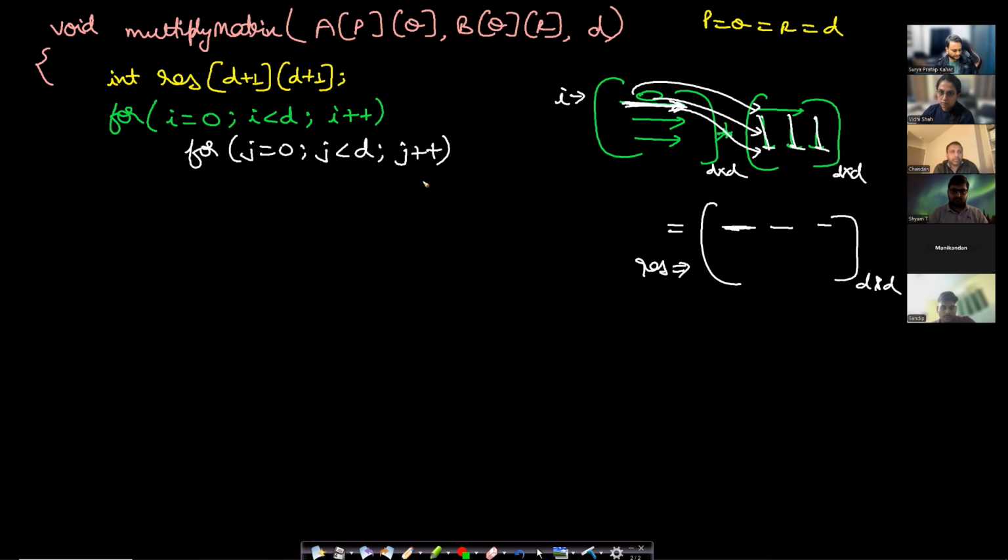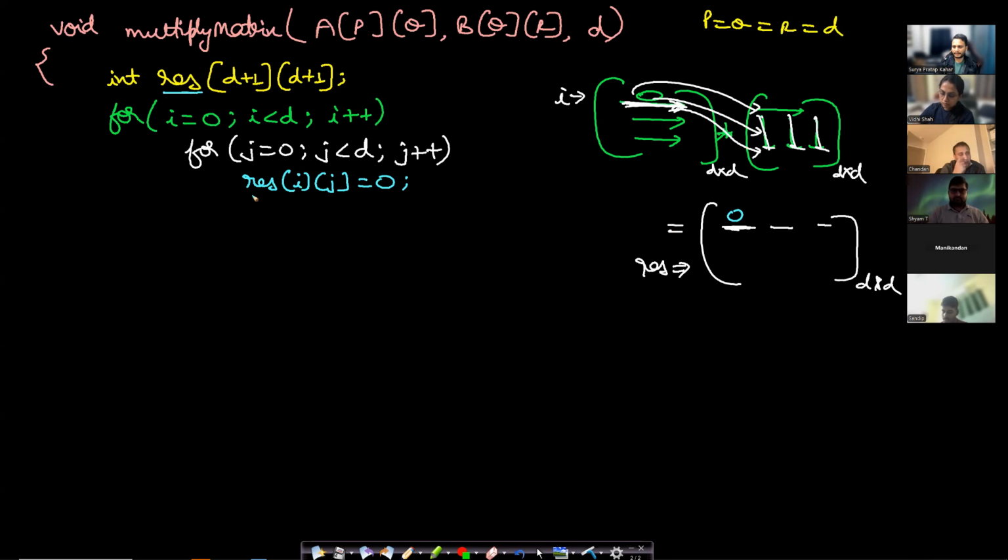So what should I write? Since I have not initialized the result here with zero value, I will be writing result at ij equals to 0 because I will be adding, and in this simple notation, it can take some garbage value. So just to avoid that, I will be making it 0 initially.